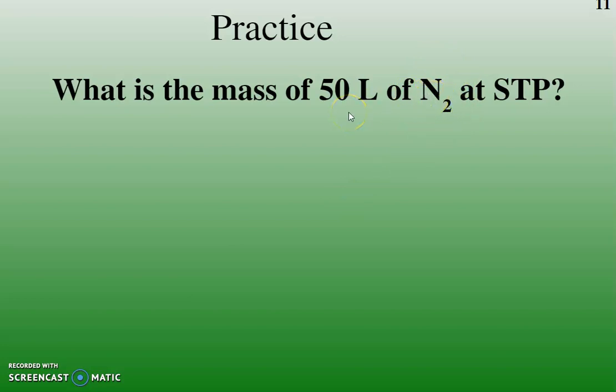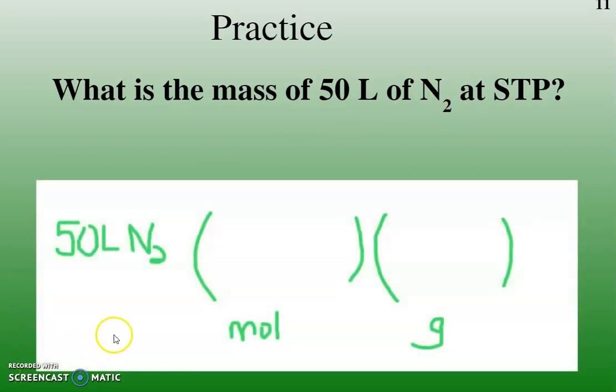Pause and see if you can write it out. If you are having trouble, here's what you want to start with: 50 liters of N2, which is what we know we have. Remember, we always go to moles first. That's in the middle. So look and see, what do you need to go from liters to moles? Once you have moles, figure out which conversion factor is going to give you grams. Pause it again if you need to.